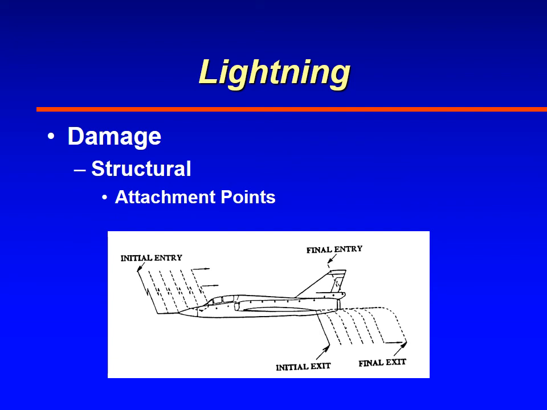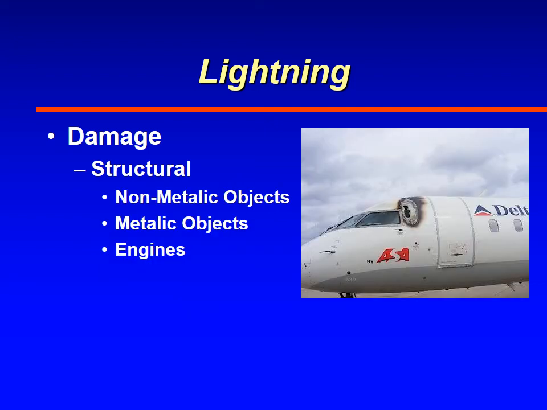And then typically lightning enters and exits at the most pointed object on the airplane. So that would be the nose and the tail, or the wingtips, or the empennage, meaning the horizontal stabilizer or the vertical stabilizer. Of course, objects that are non-metallic will tend to vaporize. Objects that are metallic will tend to melt.